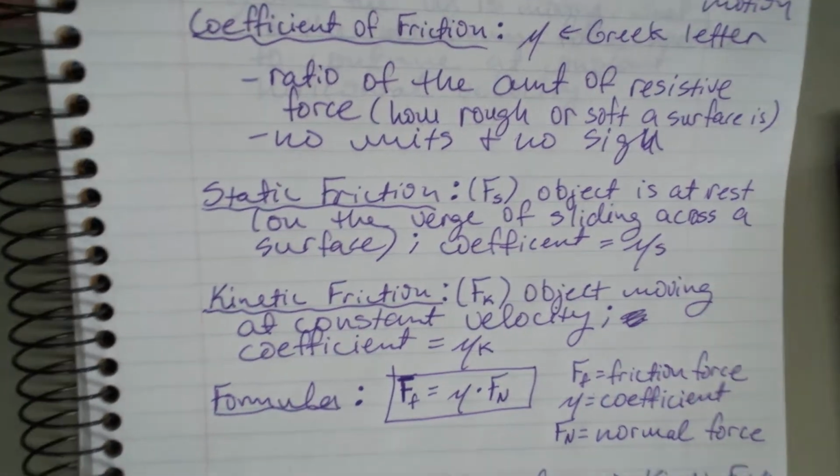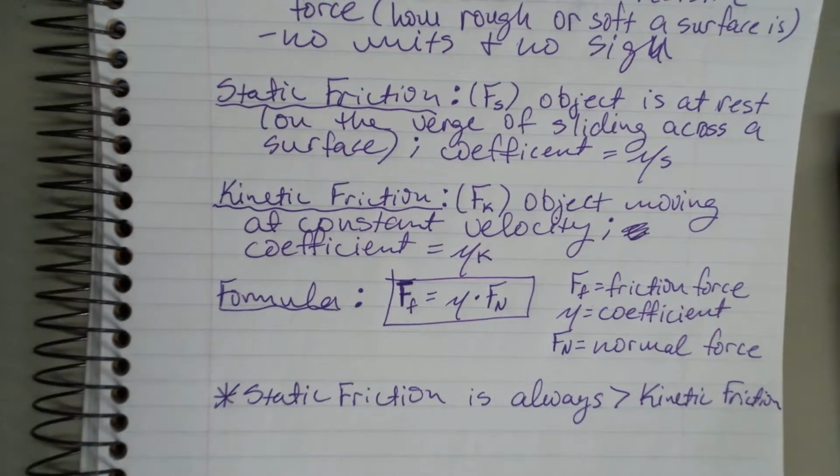Now when you do these calculations, it's important to note that static friction is always greater than kinetic friction. So it takes more effort to get something to start to move than it does to keep it moving at a constant velocity, which is why if you go buy a car, they give you two different gas mileages: one for the city, and one for when you're driving on the highway.